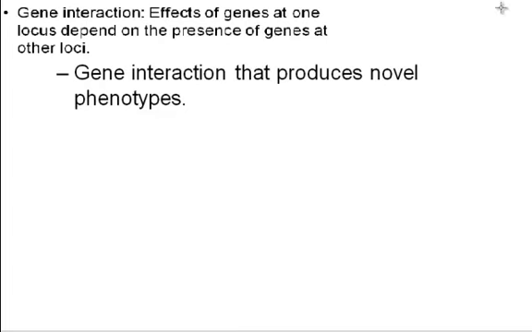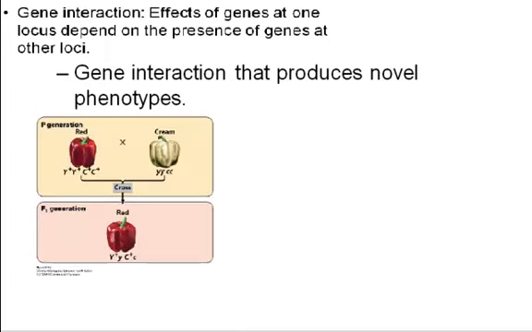So let's first nail down the concept here of how gene interactions at different loci can produce novel phenotypes. Taking the example of the colored peppers from the book, here we see that a red pepper has dominant phenotypes.